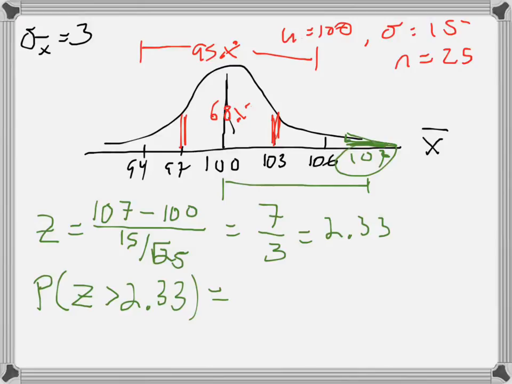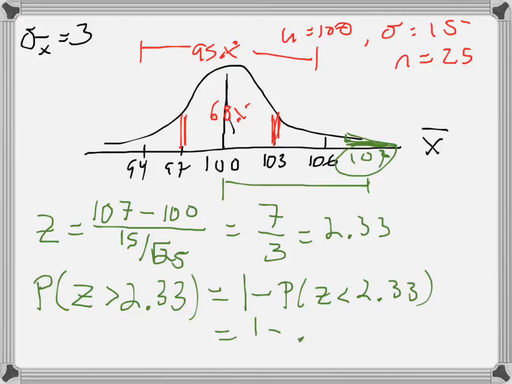So the next thing I'm going to do is say, okay, 2.33 standard deviations, that's pretty far. That's pretty unusual. Well, exactly how unusual is it? I will just use this z-score now to find the probability of getting a z-score this high or higher. And I'll use my normal table in the back. Since it's a right-sided probability, I have to do 1 minus the probability that's on my chart.